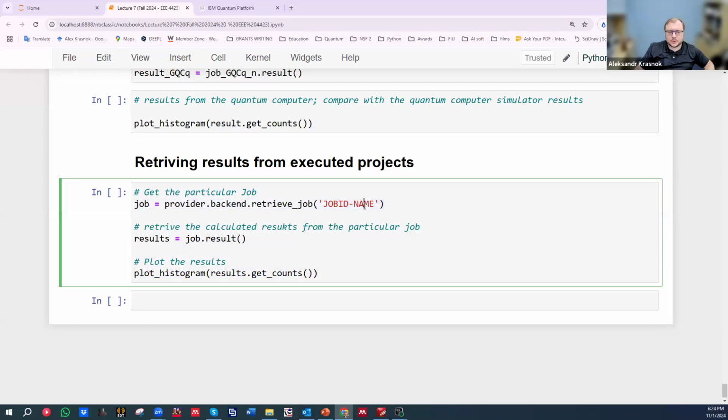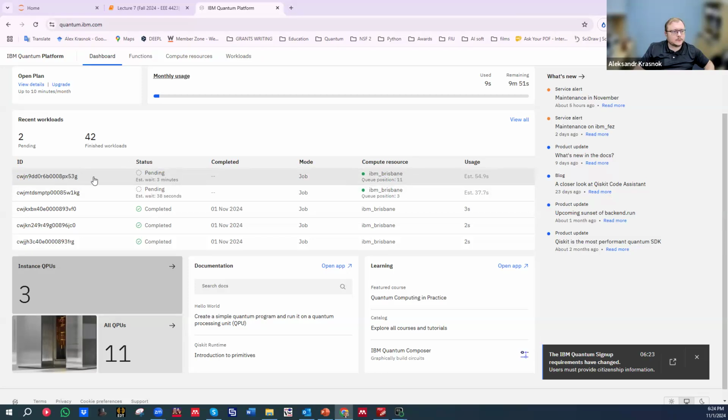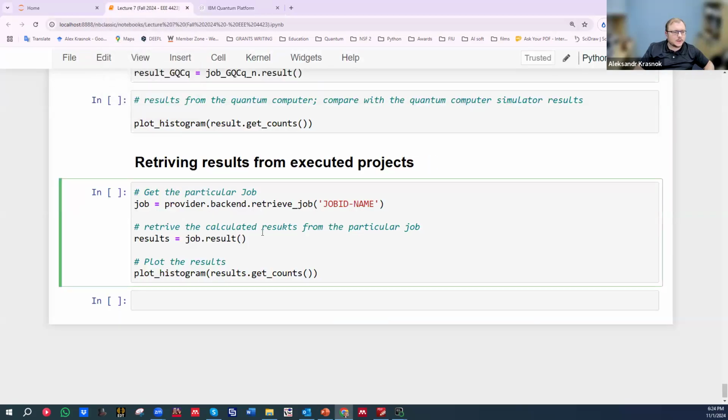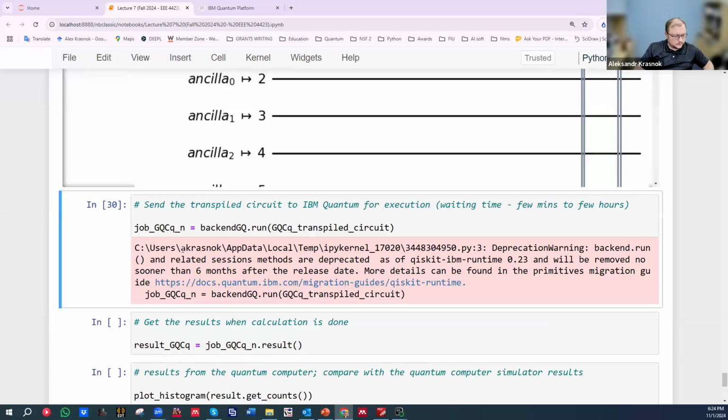You need this job ID name, which is this guy here. This long number is the project ID, and then you basically can get your results from your account. All right, so let me save this and stop recording, then we can discuss.